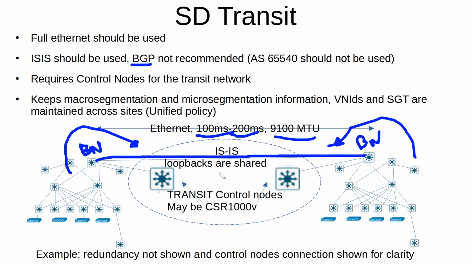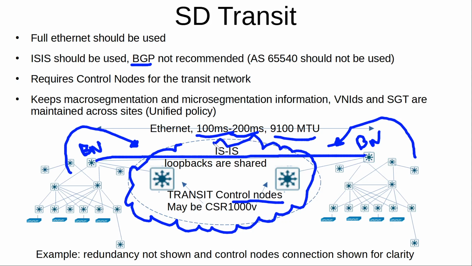So this is the best solution. It involves a little bit more work because you will need control nodes, because this particular transit network is an SD-Access network, and an SD-Access network will need its control nodes. So you will need an extra pair of control nodes for this particular transit network.